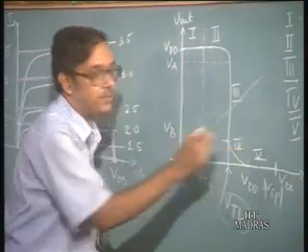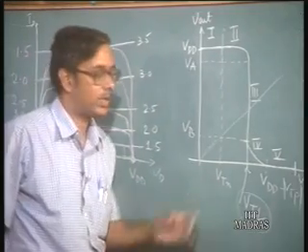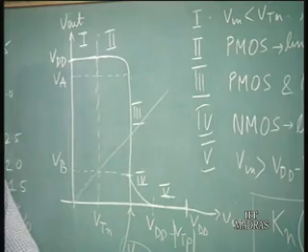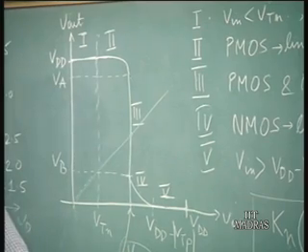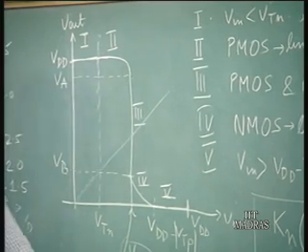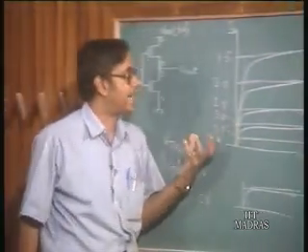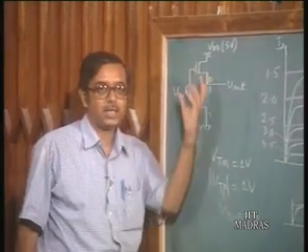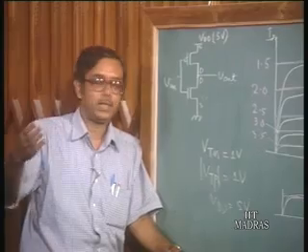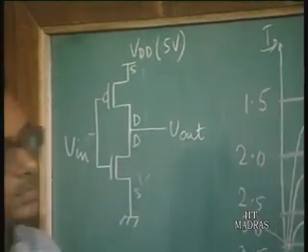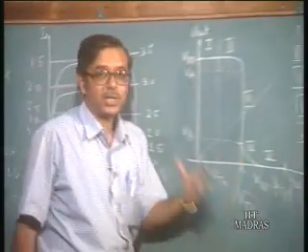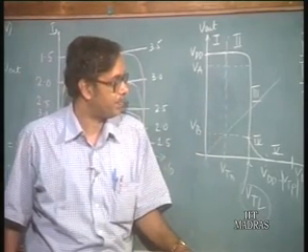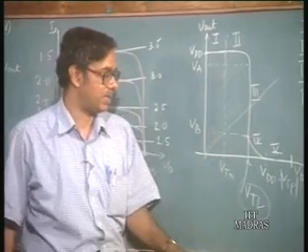So, in region 1 and region 5 there is no conduction, and usually the CMOS is in one of these regions, so there is no power dissipation as such. There is no static power dissipation, because there is no current flowing, and the power is equal to the current times voltage. That is one of the major advantages of CMOS: no static power dissipation.